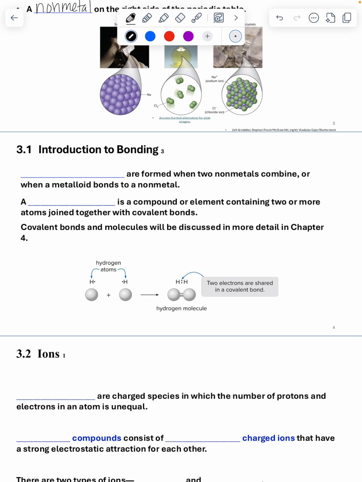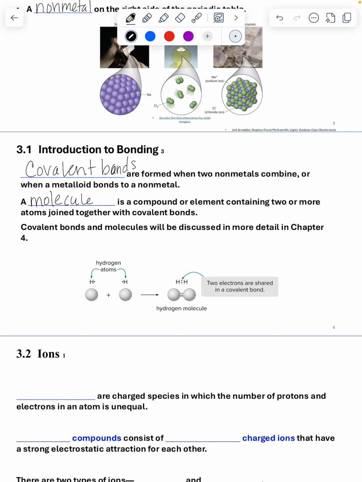Covalent bonds are formed when two nonmetals combine. And so two nonmetals, or possibly a metalloid and a nonmetal, can combine to form what's called covalent bonds. Another term that you need to know is molecule.